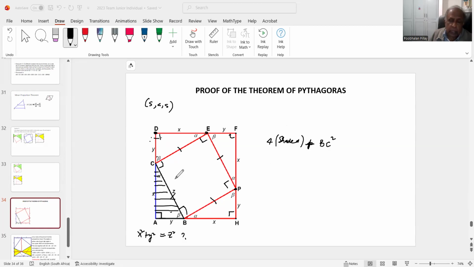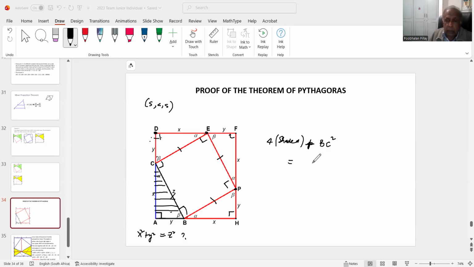This is a square here. So the area of this square here is BC squared. And that is equal to the area of the large square. Because four of this is that plus that plus that plus that, plus this gives you the area of the large square. That is why I made this calculation.